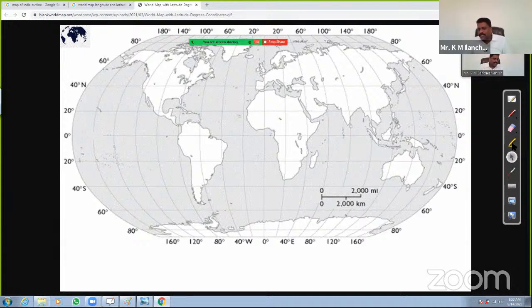Assume that on some given day, my friend, you are marking the highest temperature of all longitudes. This is where you are marking something like this. You are marking all the highest temperatures, something like that. I'm just giving you an example.